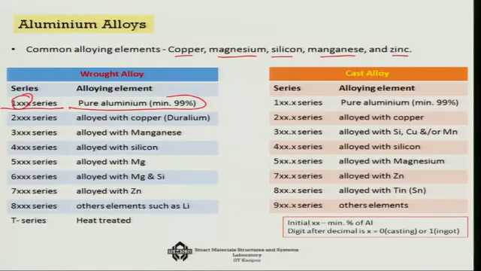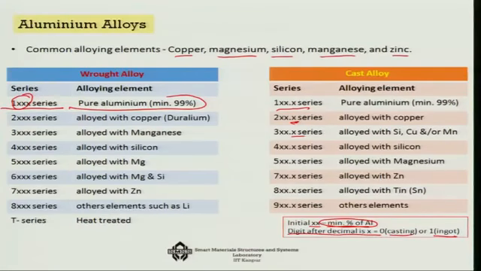The initial digits indicate the alloy, and sometimes you will see an XXXX.X series. When you buy it from the market, if the digit after the decimal is 0, that means it is for casting, and if you see 1, that means this is ingot. So, that is the way of depicting various grades of aluminum.